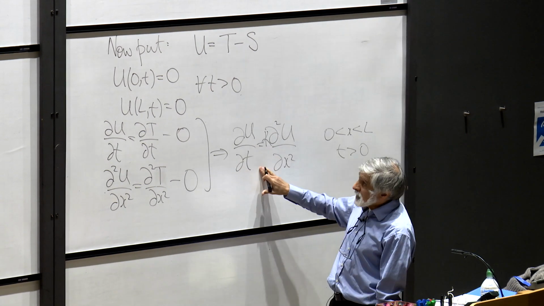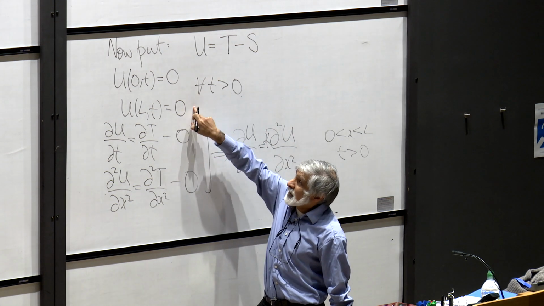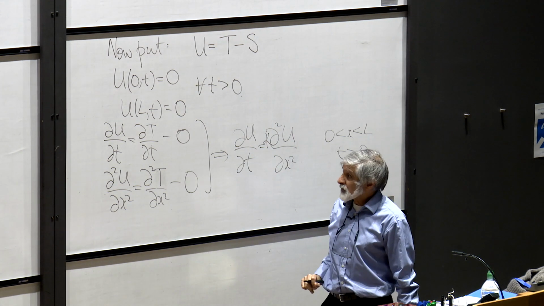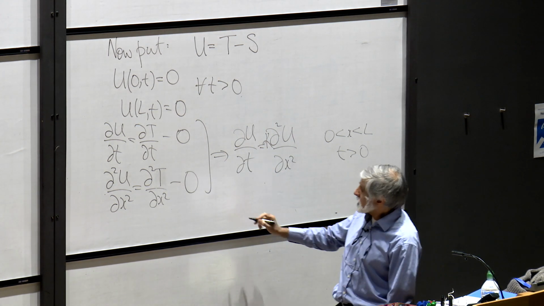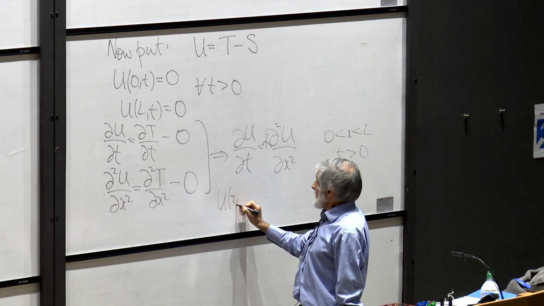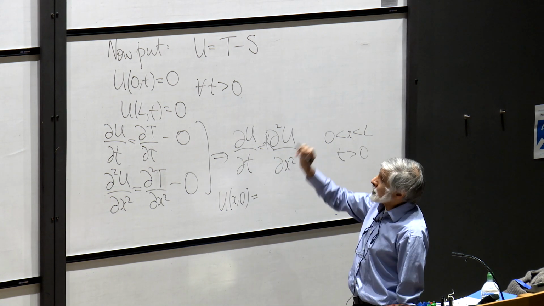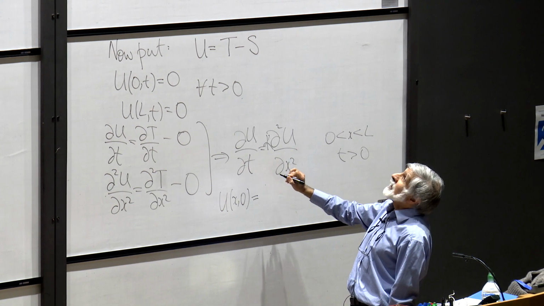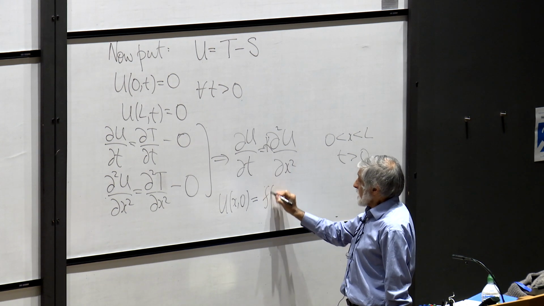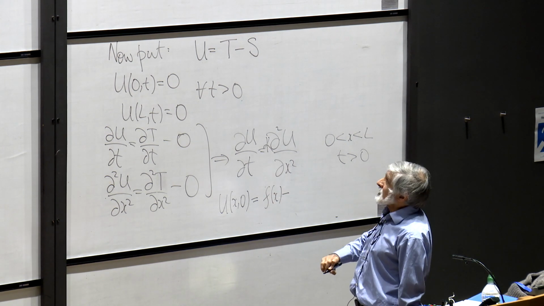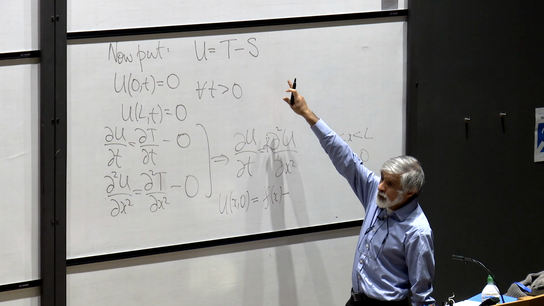Right, so now we've got the heat equation, we've got these as our boundary conditions, and what are our initial conditions? U of x, naught is equal to T of x, naught, and T of x, naught was f of x, minus S at t equals naught.